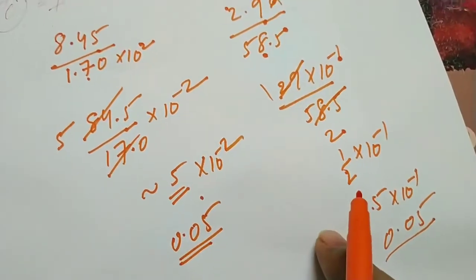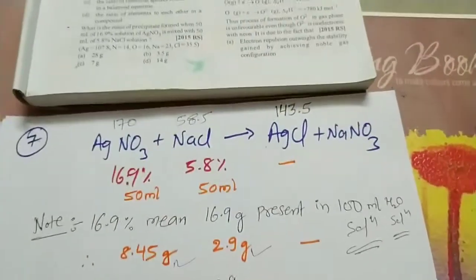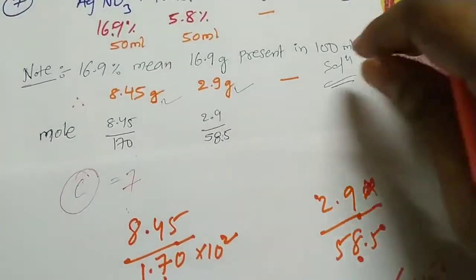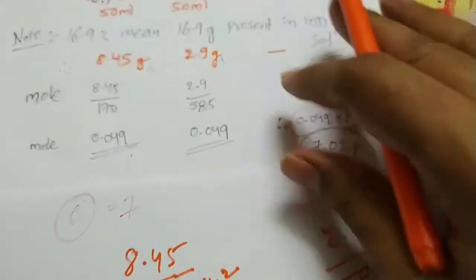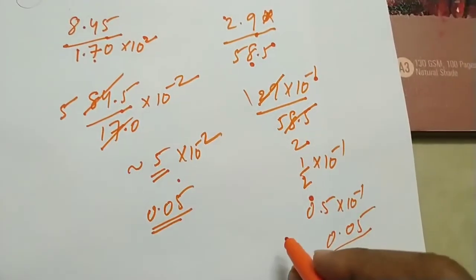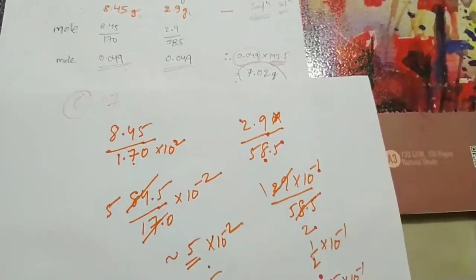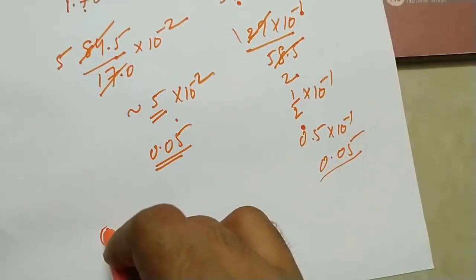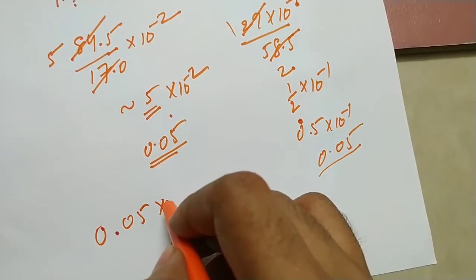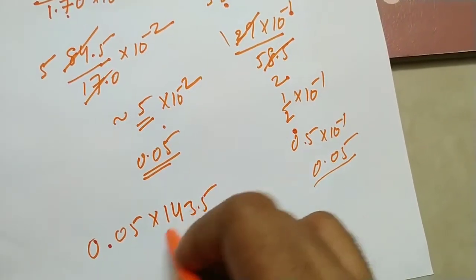So number of moles, we did the approximate 0.05, we got it. Previously we got 0.049. There is not much difference. After getting the number of moles, just multiply 0.05 into 143.5.